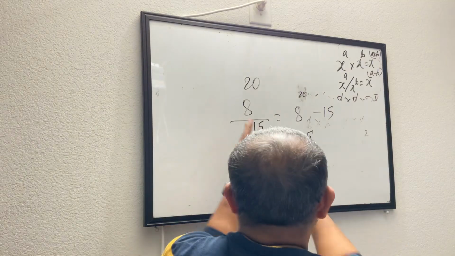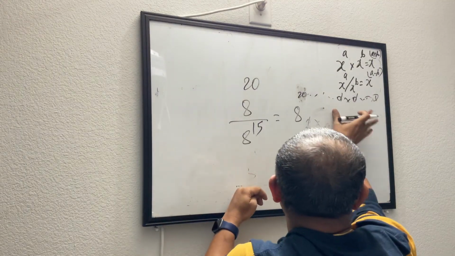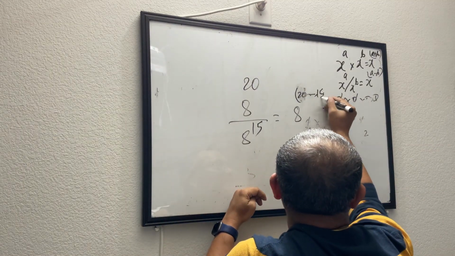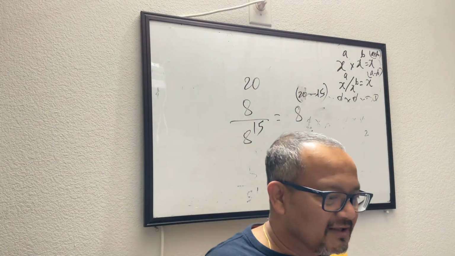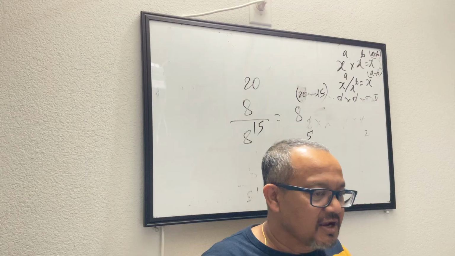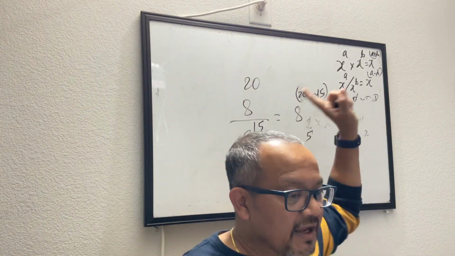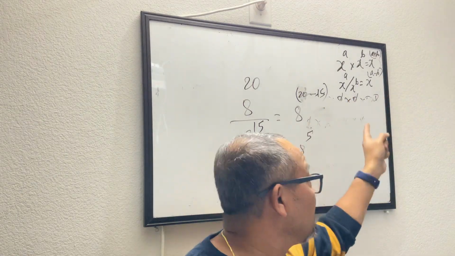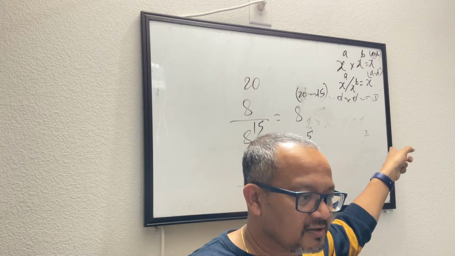So that's what I'm saying. If you're doing this, try writing it in brackets so that there's no space for confusion. Is that okay? So this is our second rule of exponent. x to the power a divided by x to the power b equals x to the power a minus b.